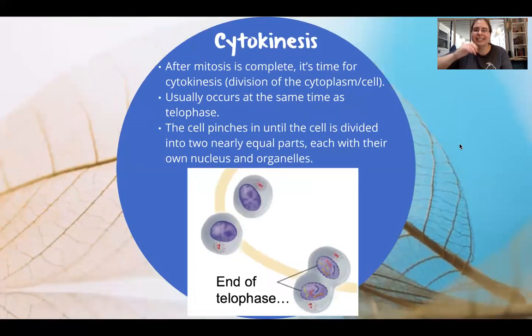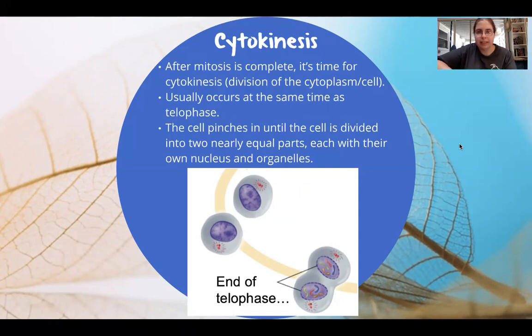Now cytokinesis is not part of mitosis. Mitosis deals with the chromosomes and the nucleus. Cytokinesis is everything else, the rest of the cell. Cyto refers to cell. Now, this can occur at the same time as telophase, but it itself is not part of telophase, and it itself is not part of mitosis.